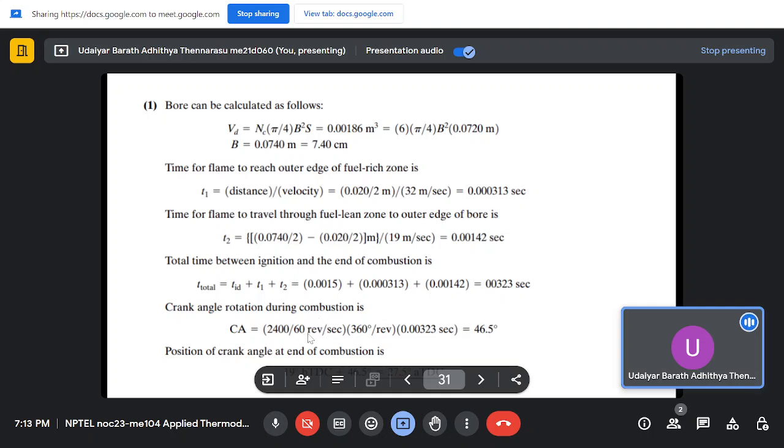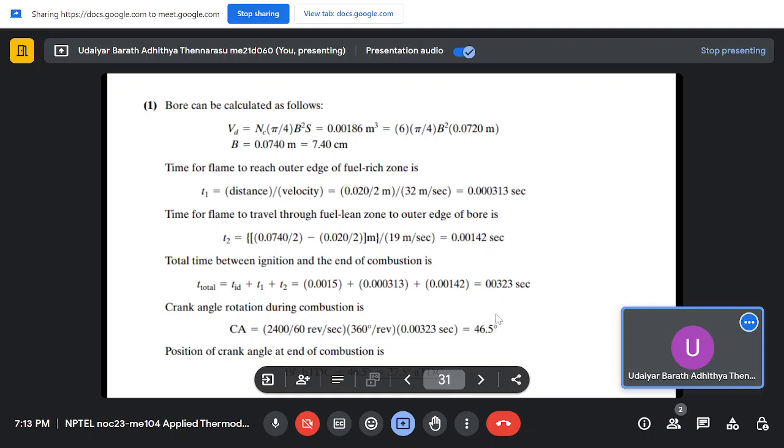For 1 second it goes through some number of rotations times 360 degrees. So the number of degrees the crank rotates in 0.00323 seconds is the total angular rotation rate times the time, which gives 46.5 degrees.